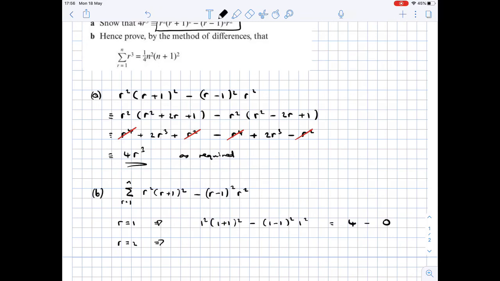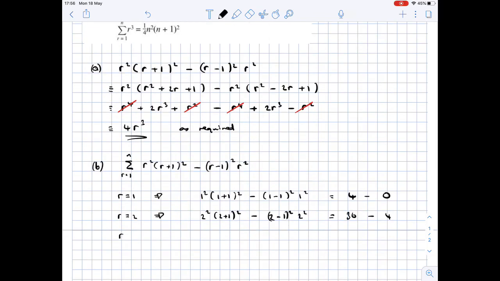When r is equal to 2, we have 2 squared, 2 plus 1 squared, minus, in brackets, 2 minus 1 squared, 2 squared, which gives us 36 minus 4. Moving on to the third term, this is going to be 3 squared, 3 plus 1 squared, minus, in brackets, 3 minus 1 squared, 3 squared, which gives us 144 minus 36.